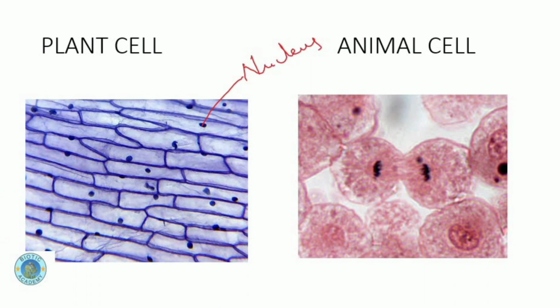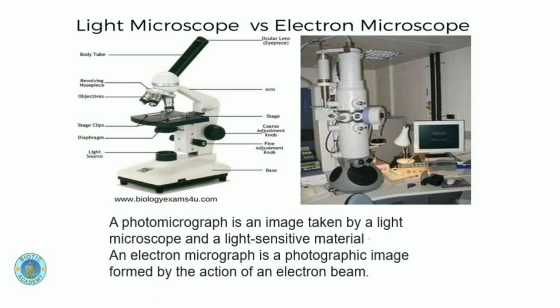After observing these structures, if you want to go further into detail, you may use the electron microscope. What is an electron microscope? An electron microscope is a microscope which is going to magnify your image and increase your resolution 1000 times more than the compound microscope.